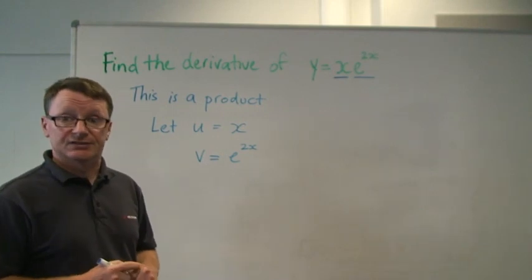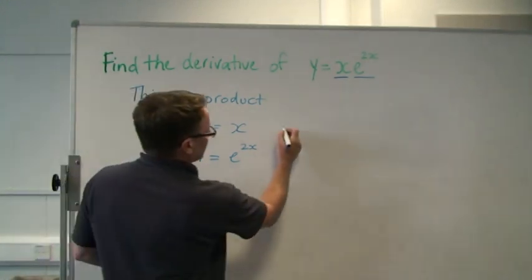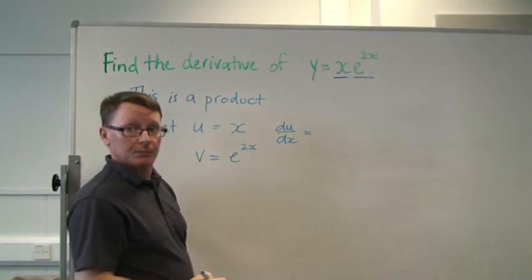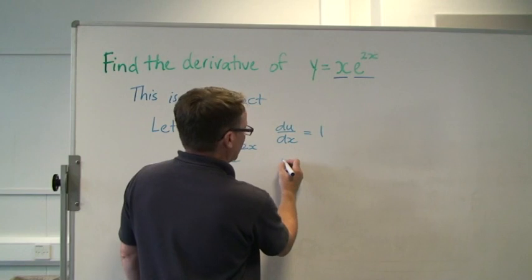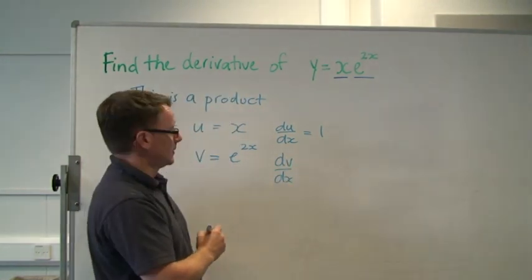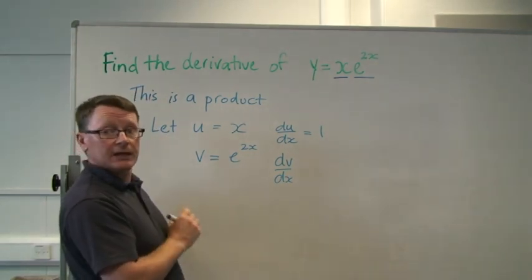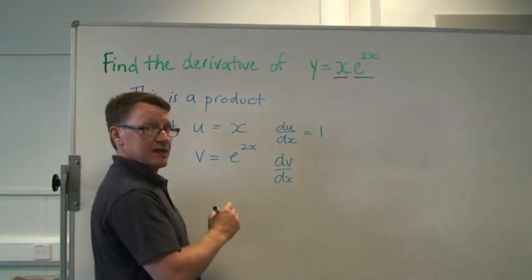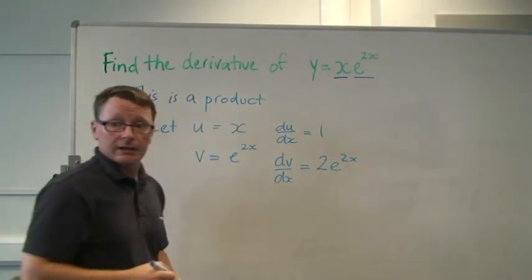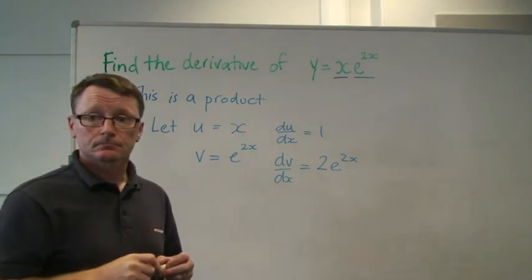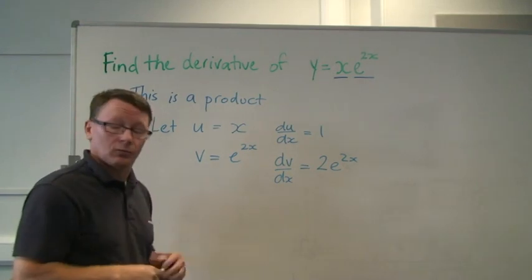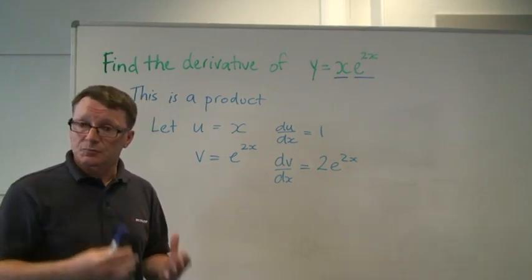So in this case, du by dx is simply going to be 1, and dv by dx is the derivative of e to the 2x, which you should find is 2e to the 2x.